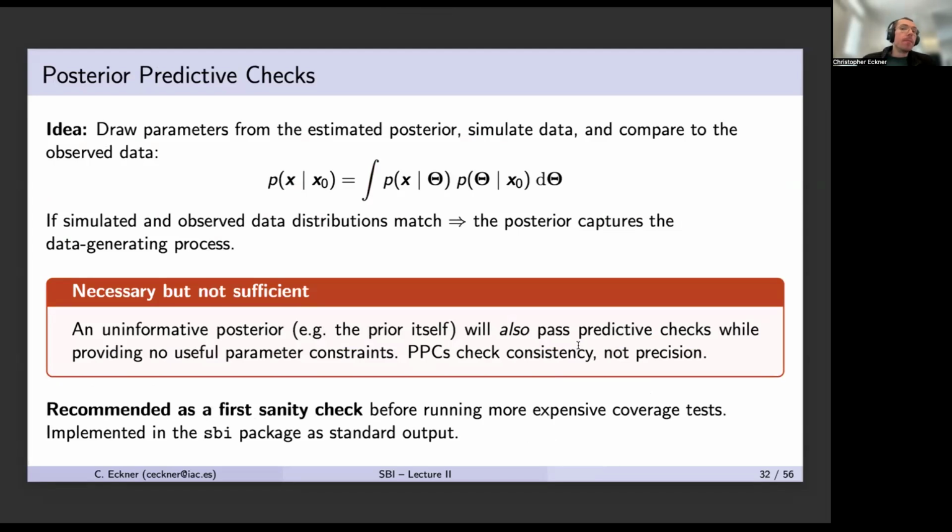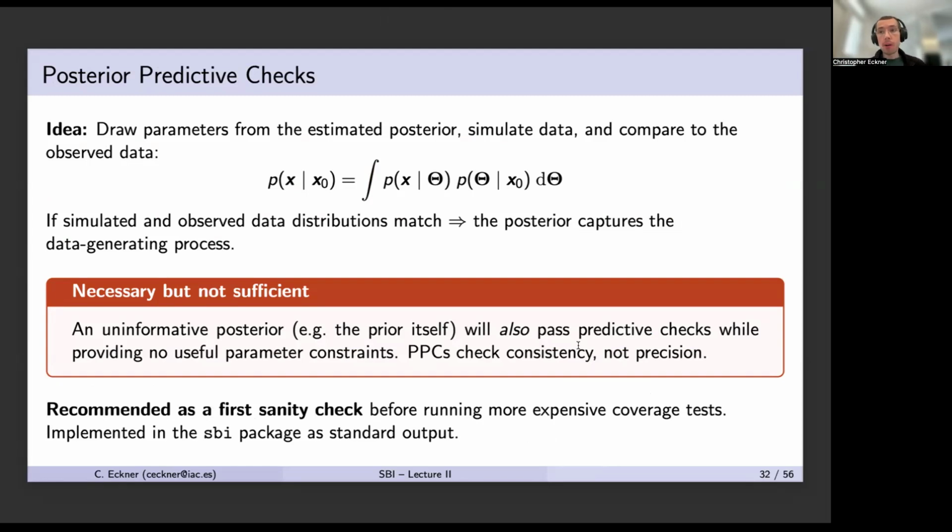These are so-called posterior predictive checks, and they're all based on using the estimated posterior to simulate data and compare it to observed data, if you have access to it. There might be situations where you have simulated data and can produce many different observed data sets, like in tabletop experiments that you can repeat.